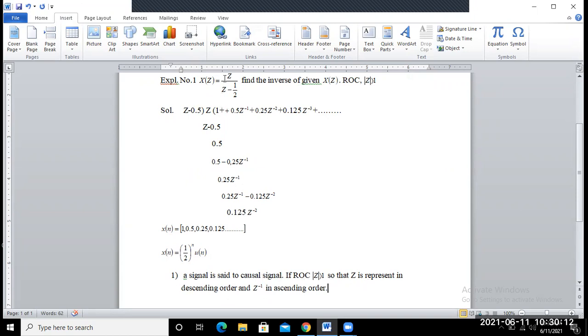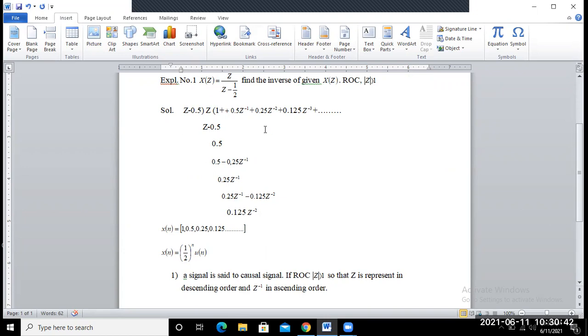Then you will get the inverse of Z in ascending order. That means Z to the power 0, Z to the power minus 1, Z to the power minus 2, Z to the power minus 3. So the inverse of Z powers are in ascending order. You represent it in this form.